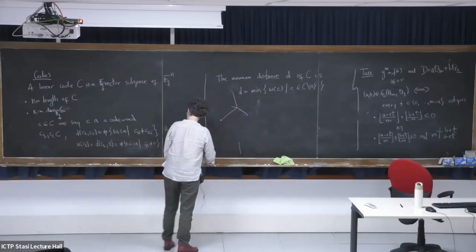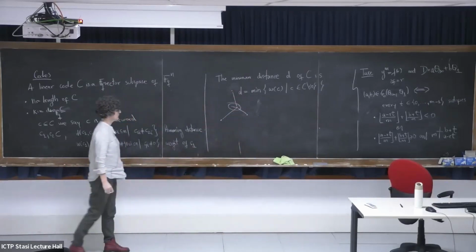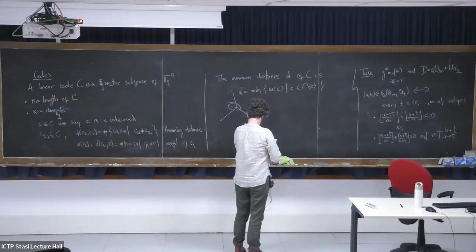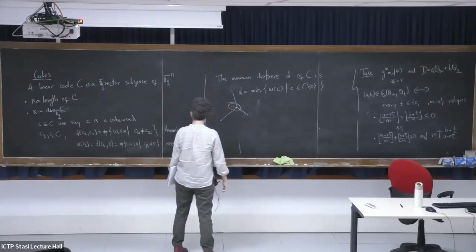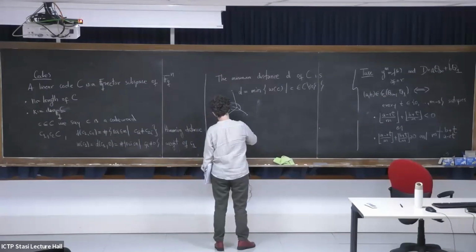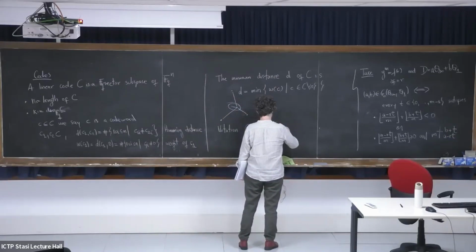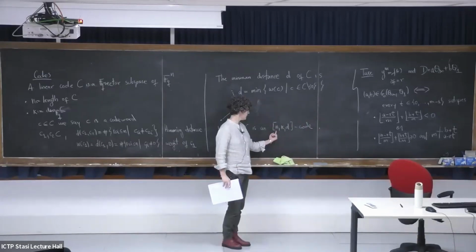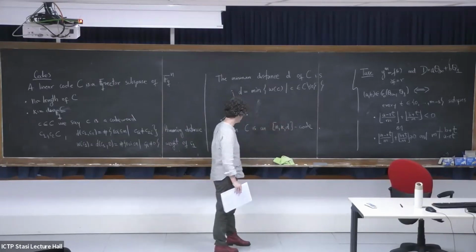For example, for this code, the minimum distance should be this, if these are all vectors in F_q to the n. Usually we use the notation that C is an [n,k,d] code, so you are given the parameters length, dimension and minimum distance of the code.